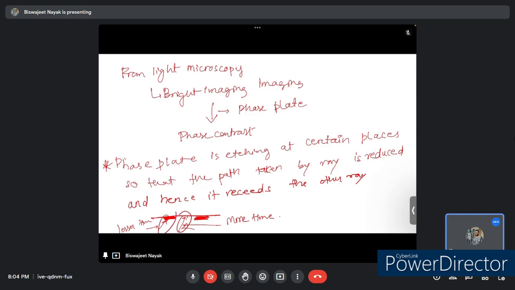So we are getting a contrast in our imaging process. So this is how the phase contrast is different from bright field imaging. Only by using one phase plate we can convert our light microscopy imaging into a phase contrast imaging.